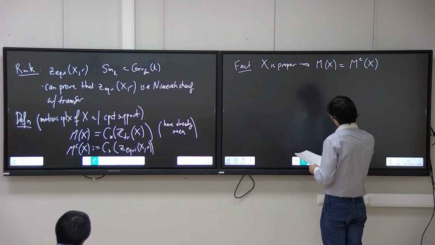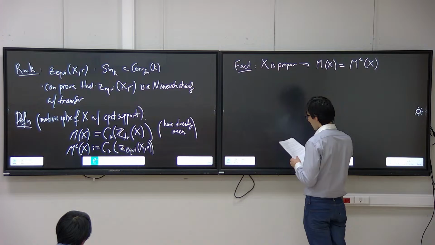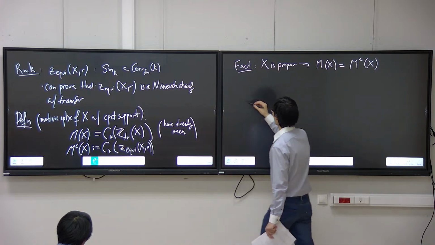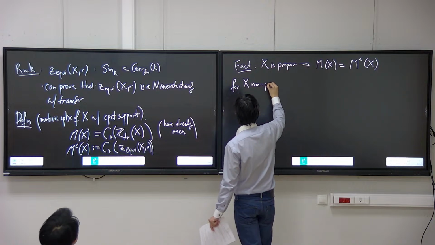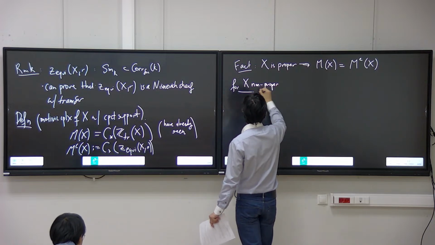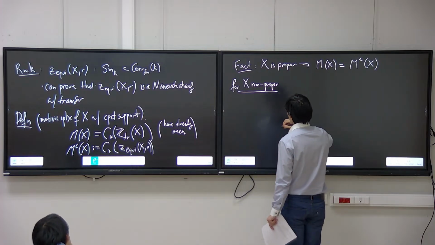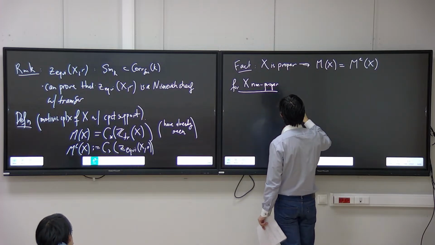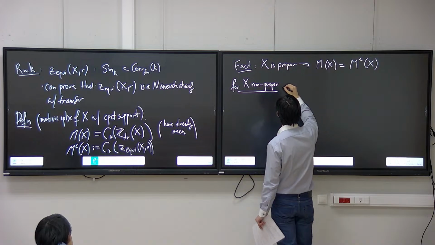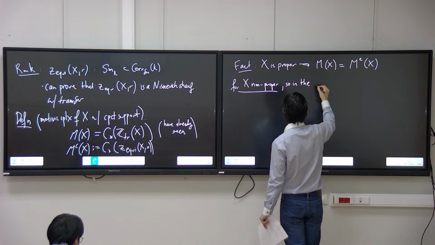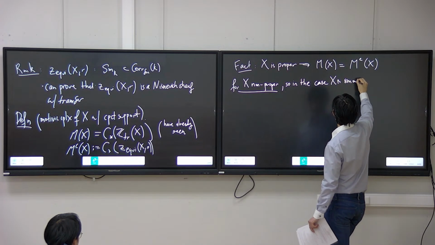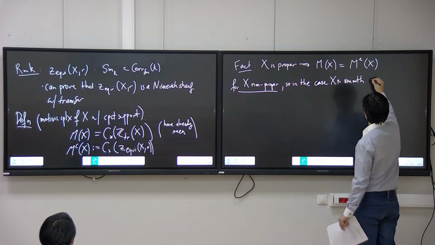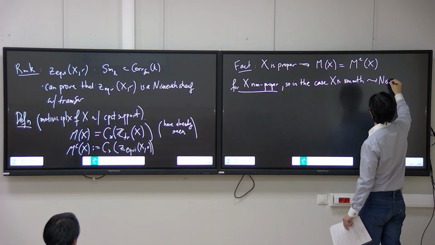But now to actually study X non-proper, we need, as I said, in the smooth case, in the case X is smooth, we had the Nisnevich topology.